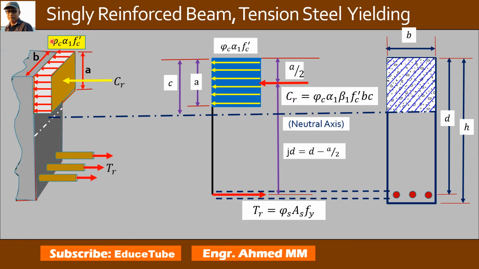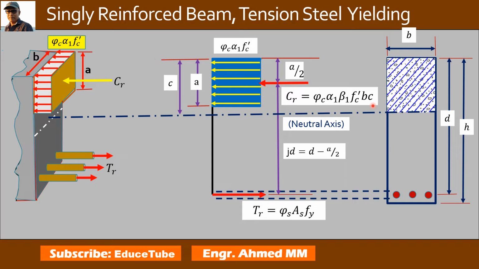Depth is A, width is B. So AB is the area, and this part is the uniform stress of magnitude phi C alpha 1 F prime C. This stress multiplied by AB gives this. As I said, A equal to beta 1 C, so it is written beta 1 C.